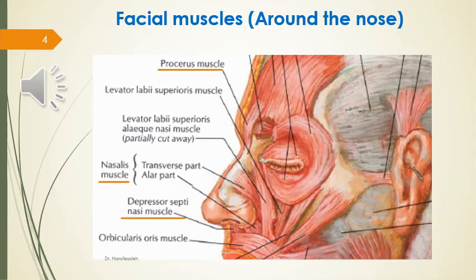You can see in the picture three muscles, procerus, nasalis with two parts, and depressor septi nasi muscle.